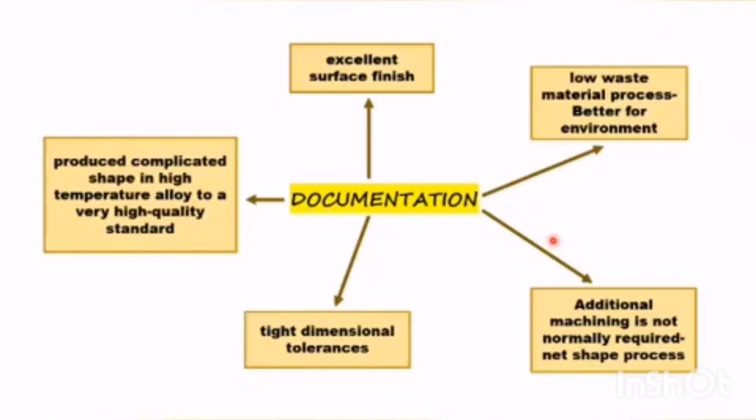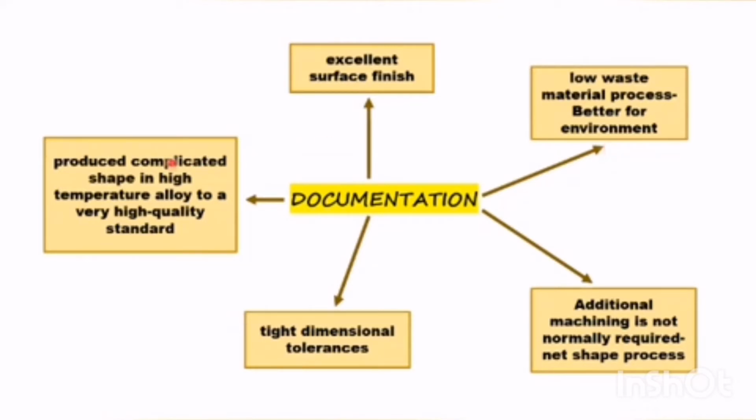At the same time, investment casting has tight dimensional tolerance, and tolerance is very important in an elbow implant. In addition, another advantage of investment casting is that it has a low waste material process, so it is better for our environment.